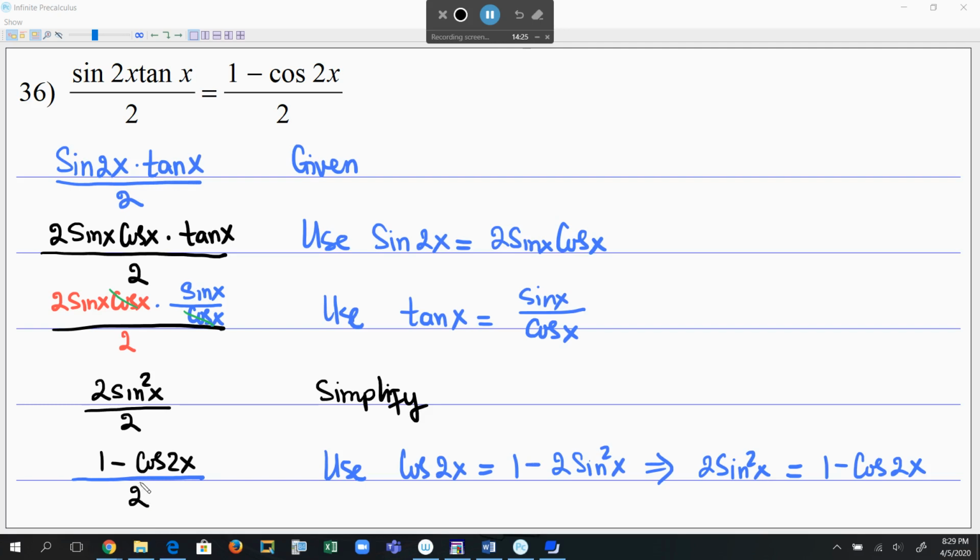Now you can see what we just found here is exactly the same as the given right-hand side of this identity. So therefore we just completed the proof.